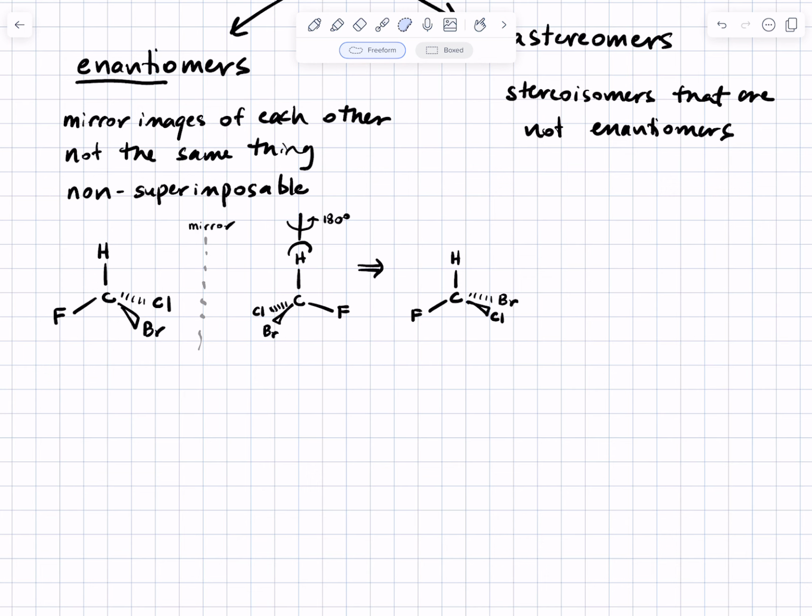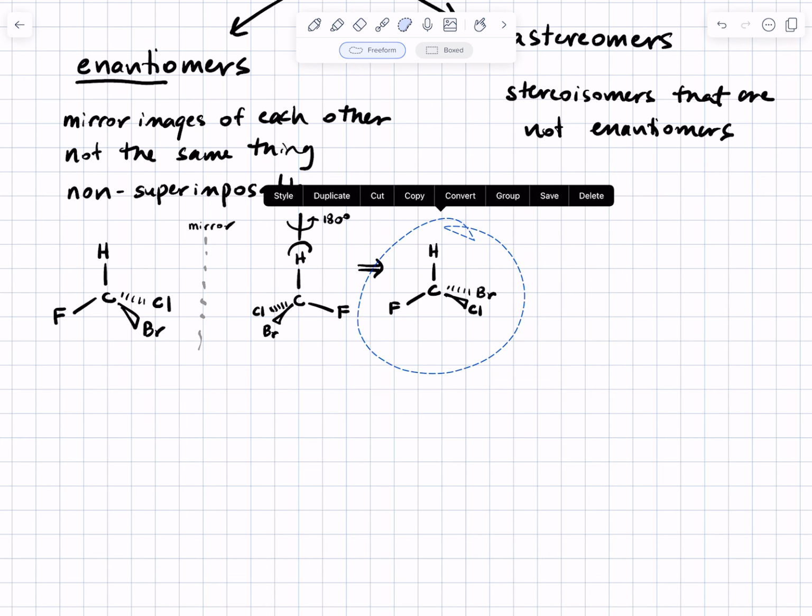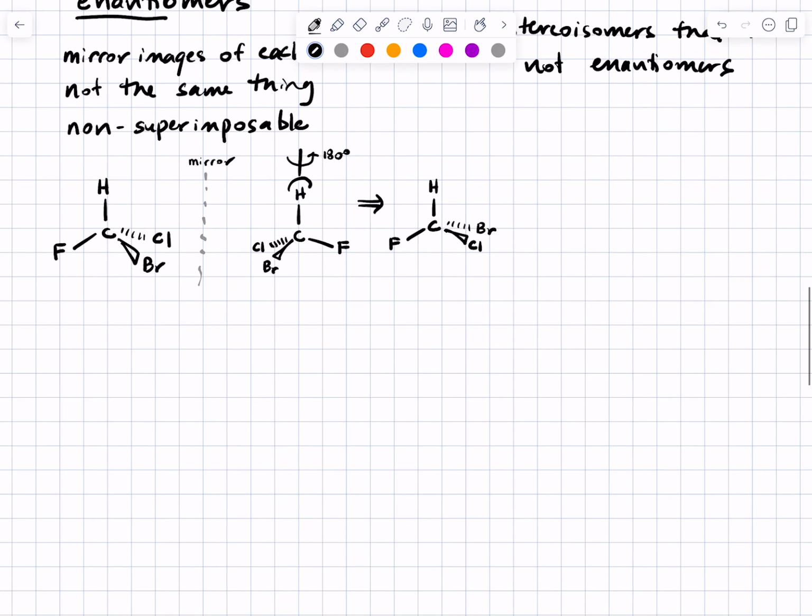So that's rotational motion on the page. It can be helpful if you get good enough looking at a model set that you can do this on paper. Then I can slide this over and compare and see just what I saw with the model set. I can put the H and the F in the right position, but then the chloro and the bromo are in the wrong spots. That's one way to see that these are not the same thing. So these two molecules are enantiomers.